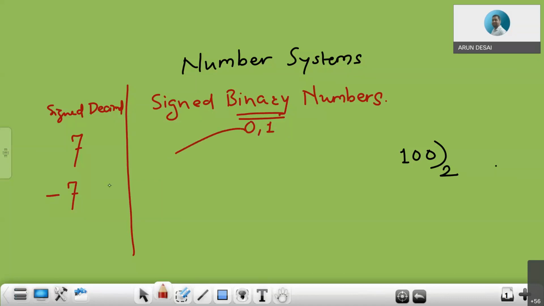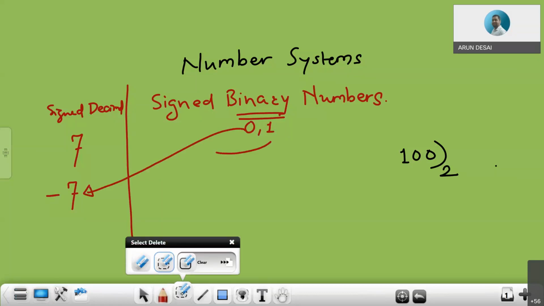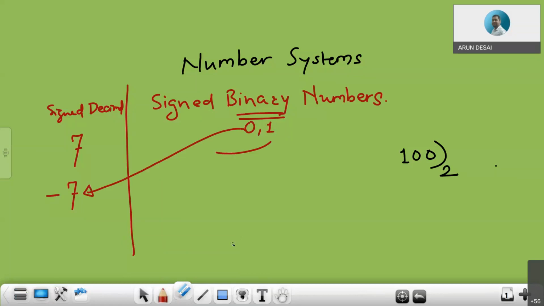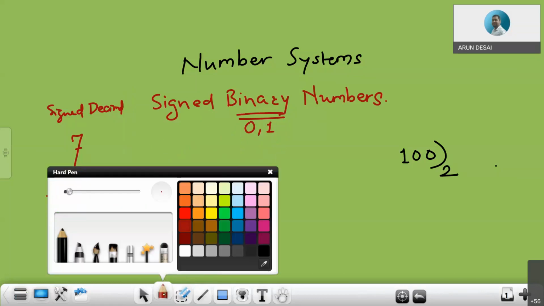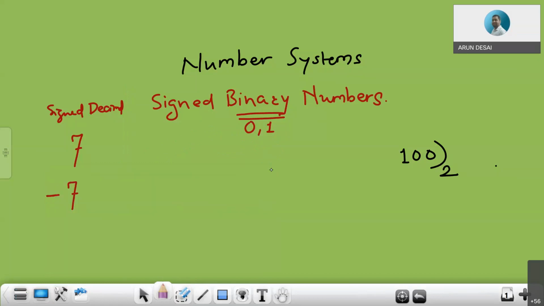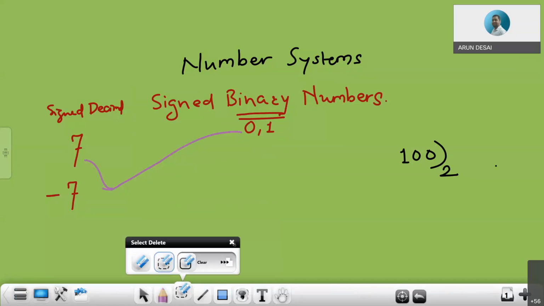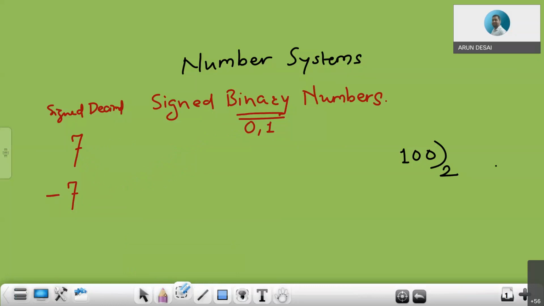Positive numbers are represented by 0 in case of binary, and negative numbers are represented by 1 in case of binary arithmetic, right?